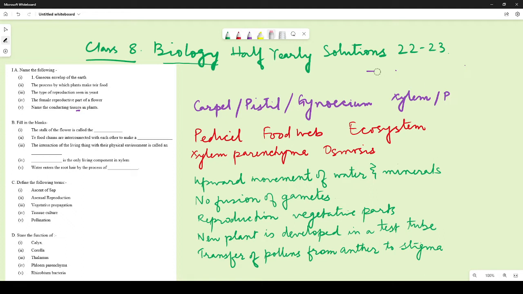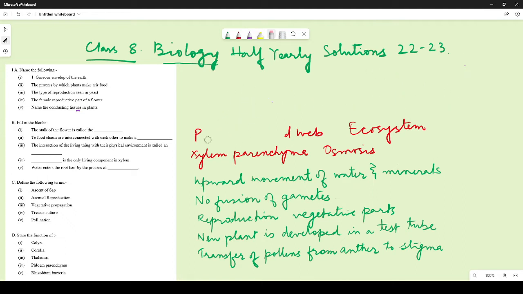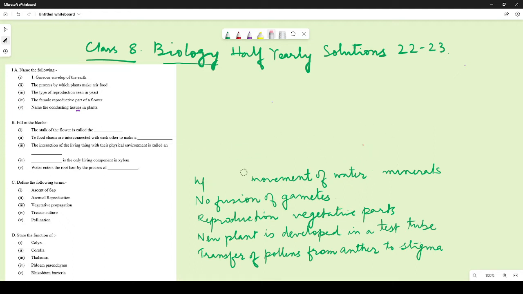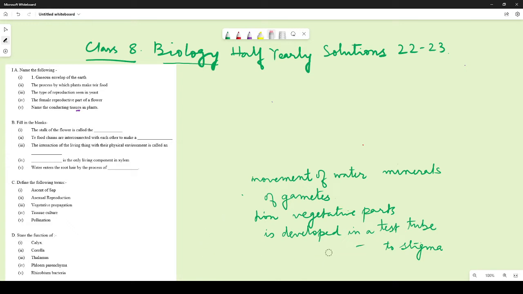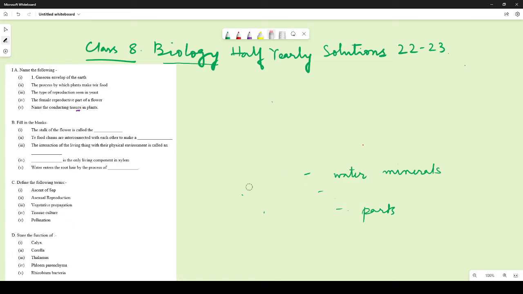Okay, so now we move on to the next question, where it talks about state the function of the following. These various organs are mentioned and you have to mention the functions of these various organs. So first of all is the calyx.